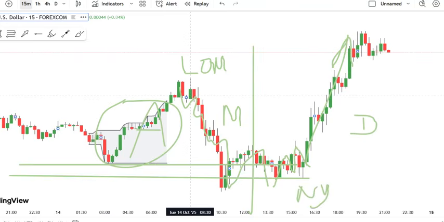So this trade today on the euro-USD was a really clear example of how you can trade the New York reversals based on the London's price action and based on the higher time frames liquidity level.